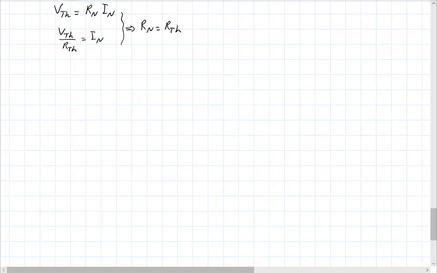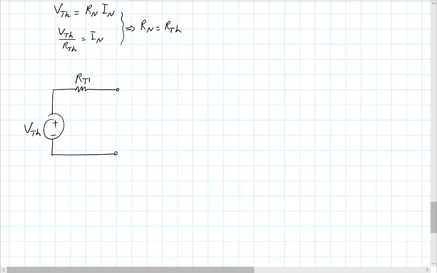So the way we have defined things, this was my Thevenin circuit. So pay very close attention to the polarities. And this is my Norton circuit. The way I've defined things, I stayed consistent throughout with my directions.